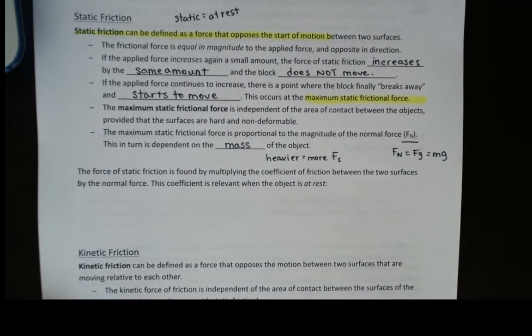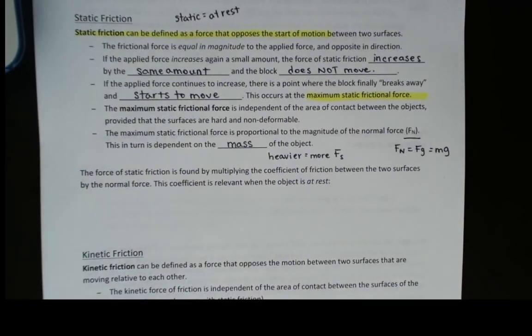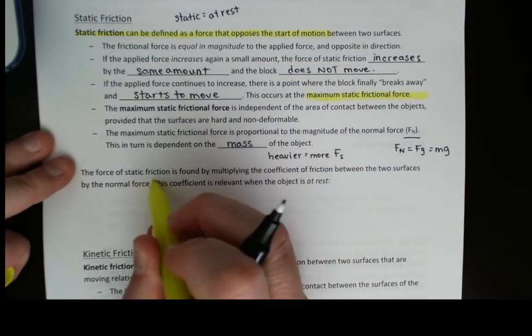The force of static friction is found by multiplying the coefficient of friction between the two surfaces by the normal force. This coefficient is relevant when the object is at rest.